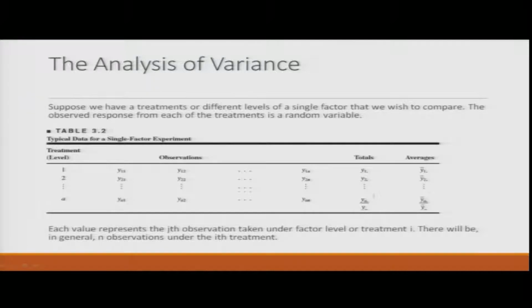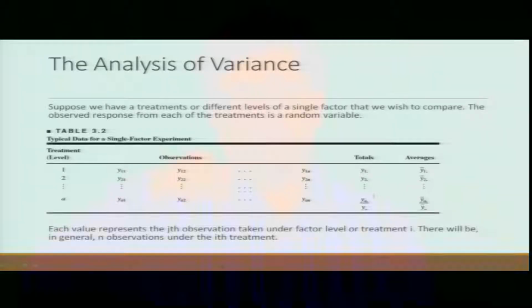For treatment level 1, the corresponding values which we have observed are n in number. Those values are y11, y12 till y1n. The first suffix is related to the treatment number, and the second number is related to the observation.